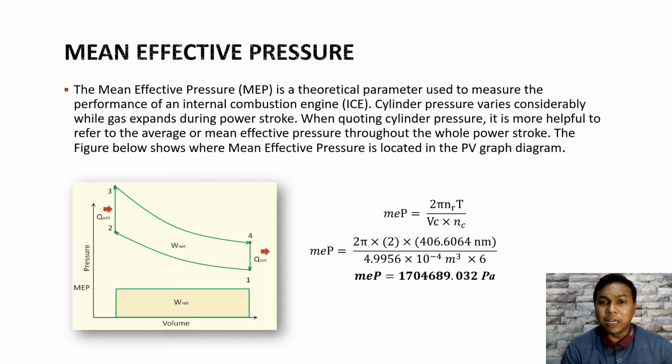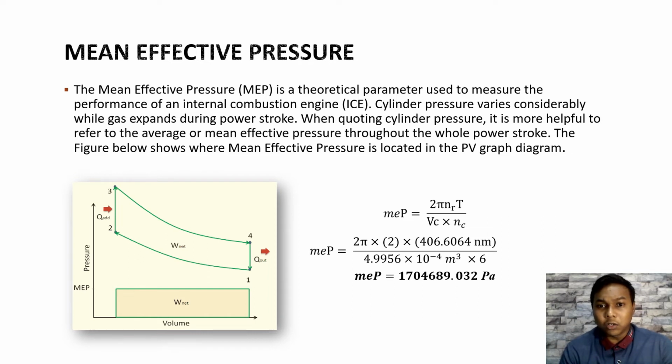With NC being the number of cylinders, the expression of mean effective pressure becomes 2 pi times the number of crankshaft rotations for a complete engine cycle, which is 2, times maximum torque divided by engine displacement times number of cylinders, which is 6, and we get the mean effective pressure 1,704,689.032 Pascal.